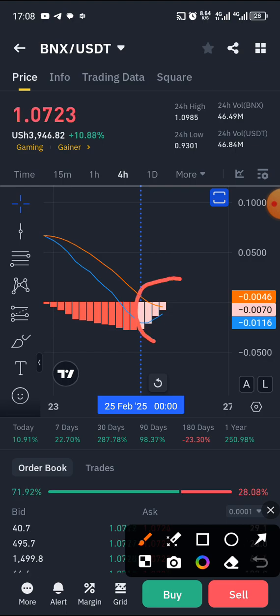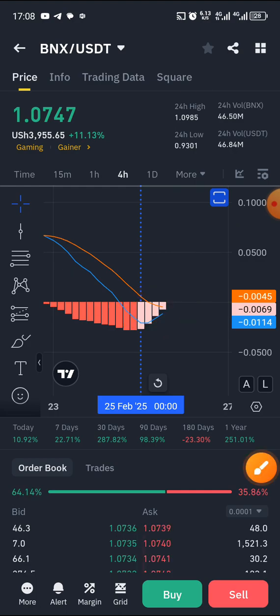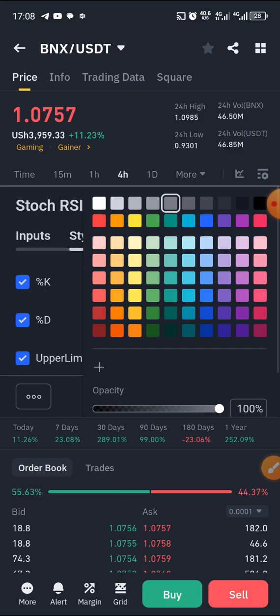The change of colors. It is showing you that fine, the coin was on a downward trend, but it is on its way to the upward trend. If you are focusing on MACD, it will be a good time for you to enter this coin. But I told you not to focus on one indicator. Let's go to another indicator. What does it show? This is the RSI, or the stochastic RSI.